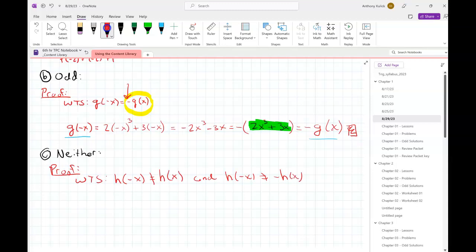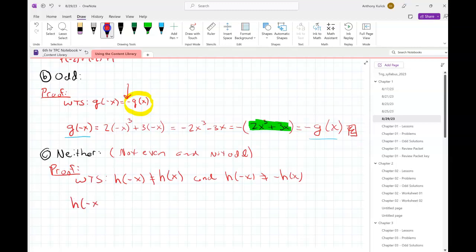Right? We're showing that it's not even, and also that it's not odd. Everybody's happy there? Okay.